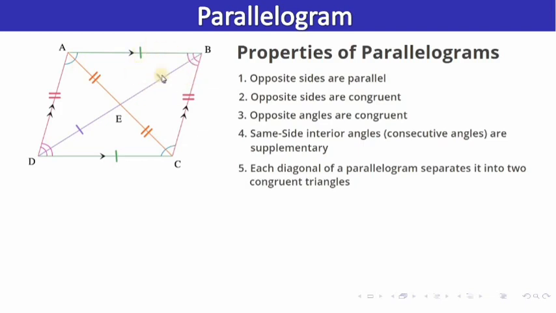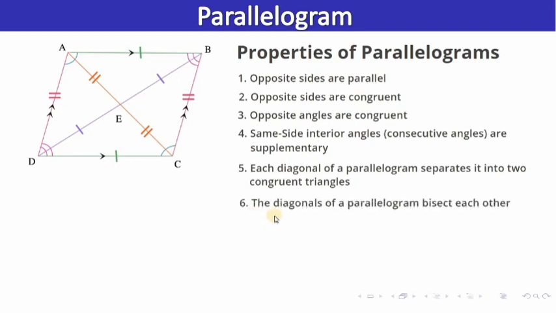One is triangle ABC, and another is triangle ADC. Similarly, forget about this AC. If you draw only BD, then this BD will divide the parallelogram into two equal triangles. One will be ABD and another will be BCD. So two triangles will be formed and they will be equal. I hope this is clear to you.